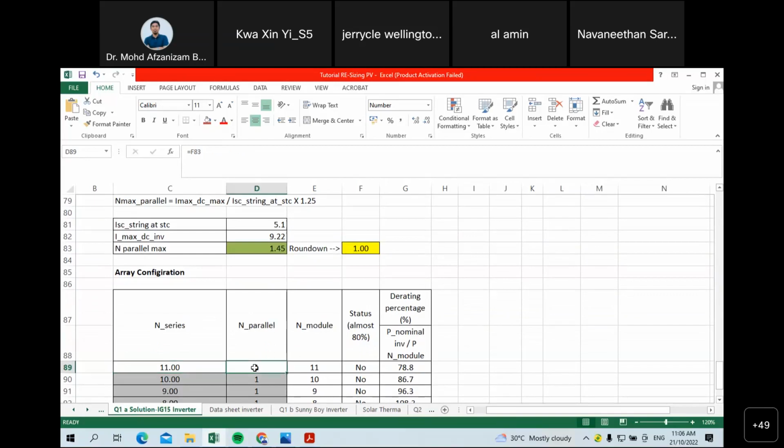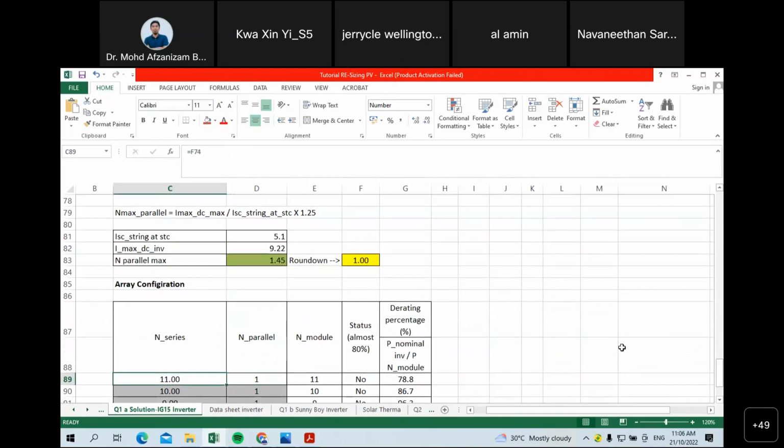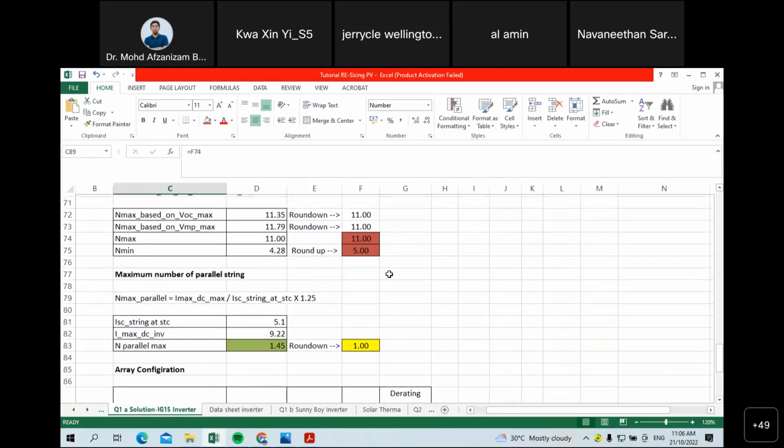Why 1? Because here, let's say the number of parallel max is 5, then you start with 5 here. And of course, this one as well. Let's say the n series is 10, for example, then you may put 10 here. And then how to develop the rest? This is the maximum 11. And then how about this one, 5?